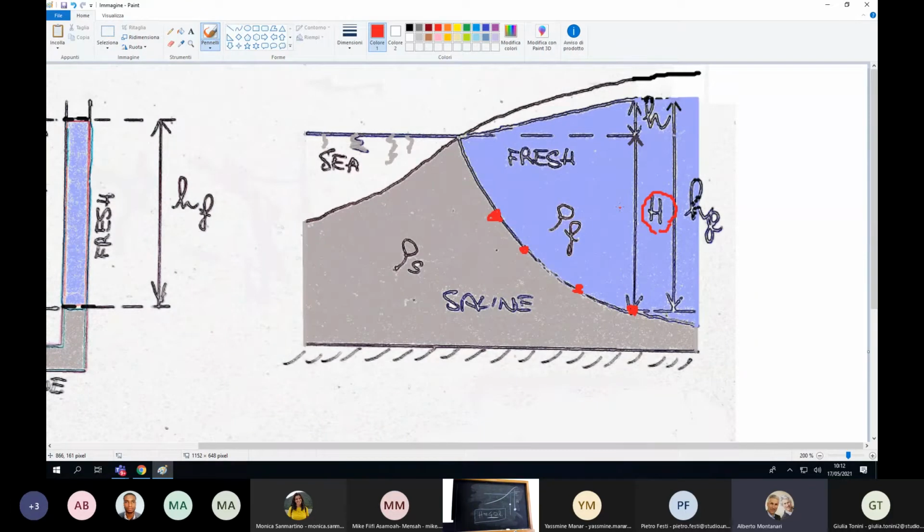So the fact that the system is not static, and that during storms we have a higher sea level, increases the risk with respect to the static condition. Also, the fact that you don't have a sudden separation between salt water and fresh water, but a dispersion zone, increases your risk. Therefore, you have to carefully consider saltwater intrusion.